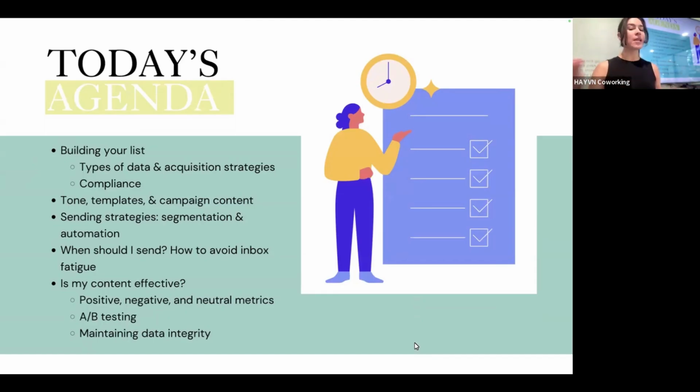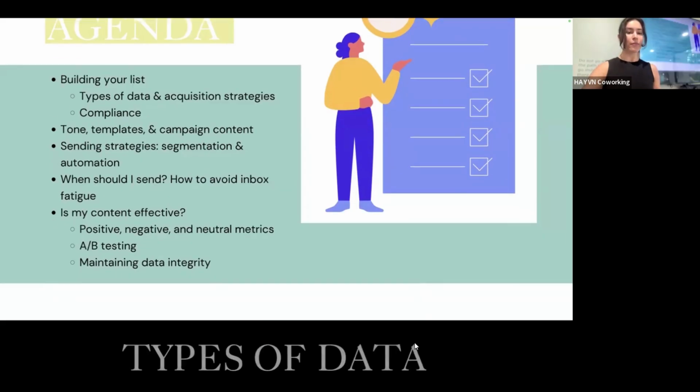We're going to talk about different sending strategies, so segmentation, automation, as well as when you should send and how to avoid inbox fatigue. And then finally, we're going to talk about how to measure whether or not your content is effective, and what you can do to try to increase that. So different positive, negative, and neutral metrics, as well as talking about A/B testing and maintaining data integrity over time.